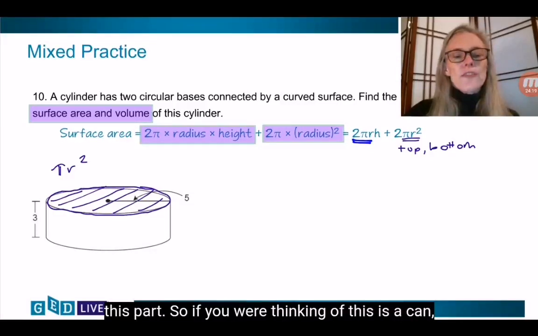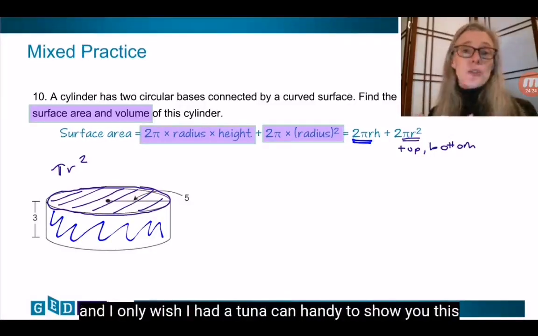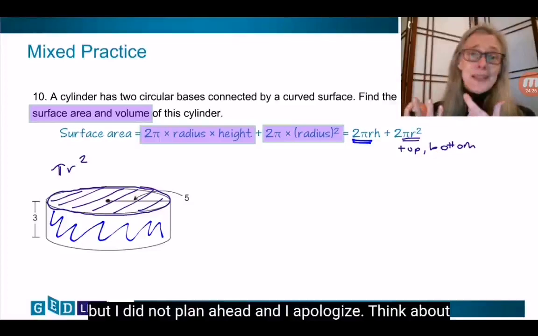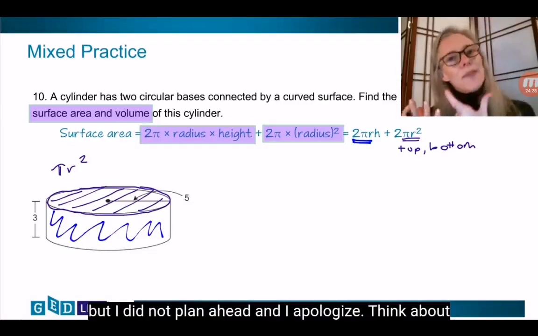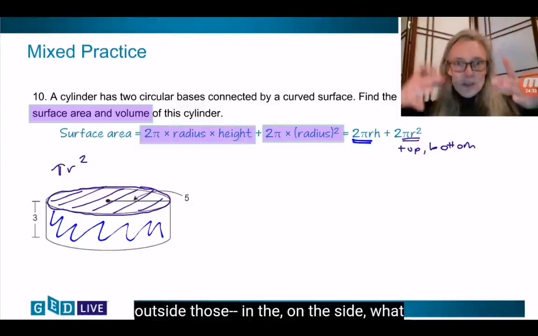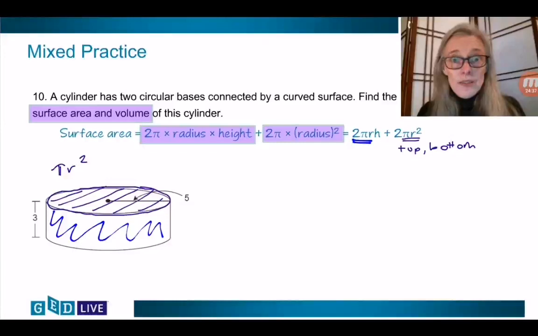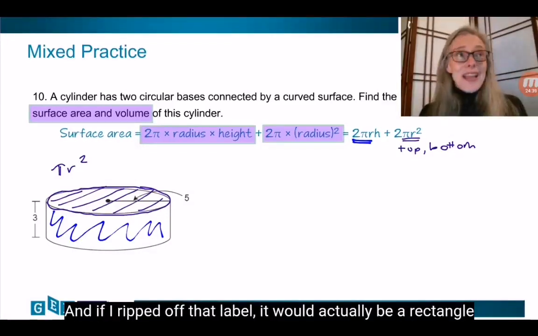So if you were thinking of this as a can, this is flat, so it looks kind of like a tuna can, and I only wish I had a tuna can handy to show you this, but I did not plan ahead, and I apologize. Think about that tuna can. If I wanted to find out the area of what's outside on the side, what I could do is basically just rip off the label. And if I ripped off that label, it would actually be a rectangle.